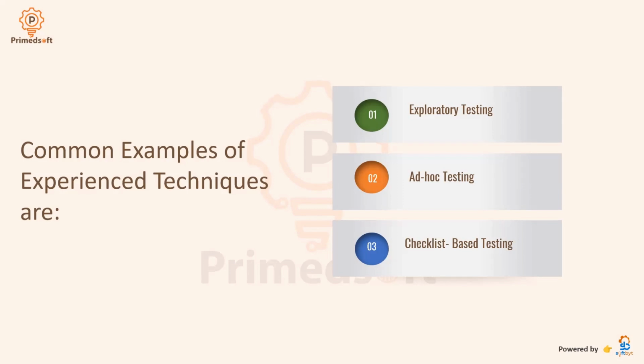The next one is checklist testing. In this case, testers use a predefined checklist. Most often I use a checklist when we want to go live. Sometimes I call it a regression testing checklist.